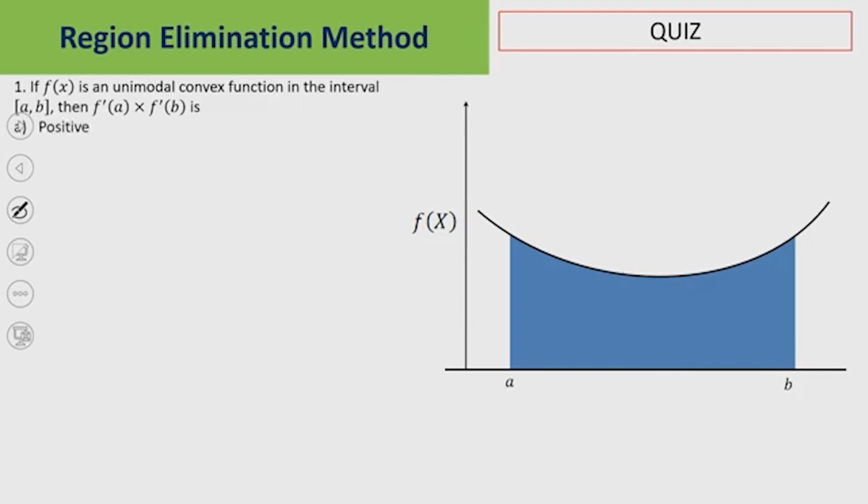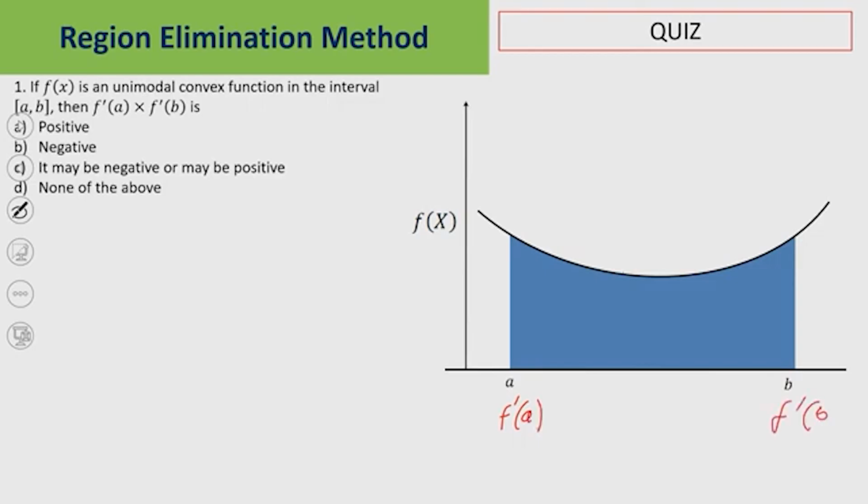I am just asking about the sign, whether it is positive, whether it is negative, it may be positive, it may be negative, or none of the above. Okay. So, what you are doing here? You are taking the derivative at a, that means I am calculating the derivative at a and the derivative at b.